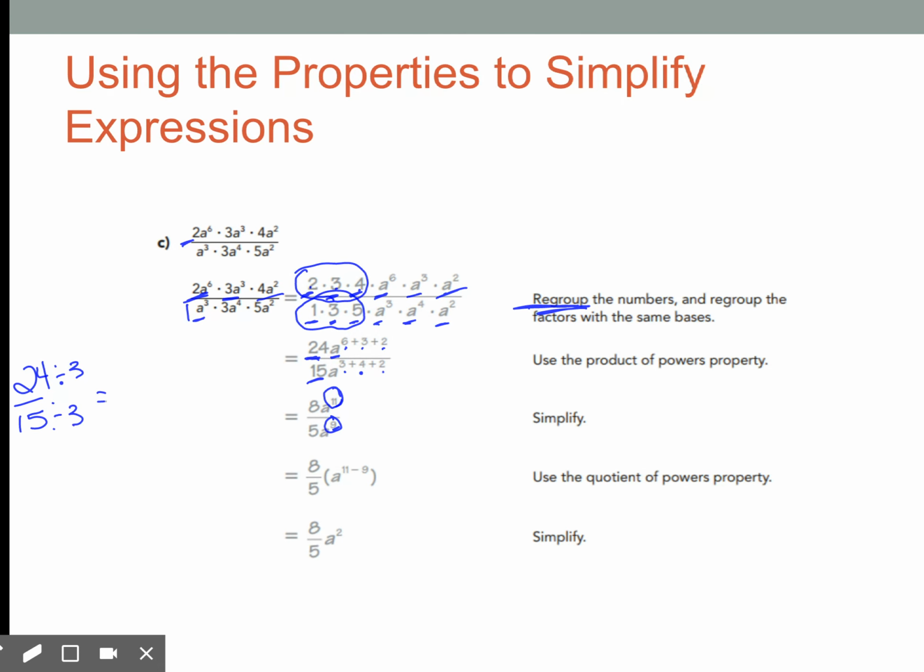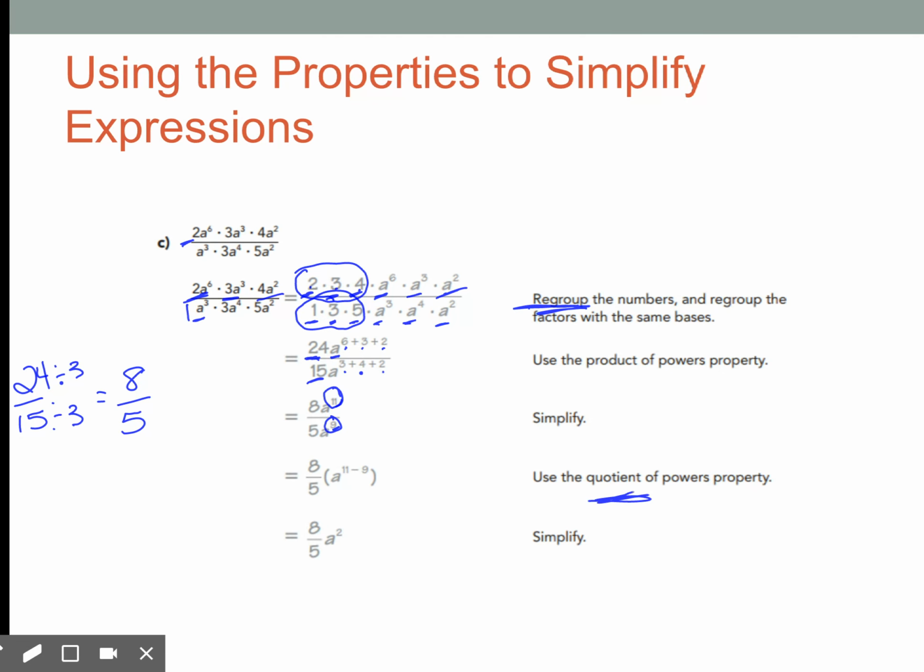So that's where the 8 over 5 comes from. It is definitely okay to leave it as an improper fraction. I'd rather have an improper fraction in this case than a mixed number, just because it might throw you off a little bit.